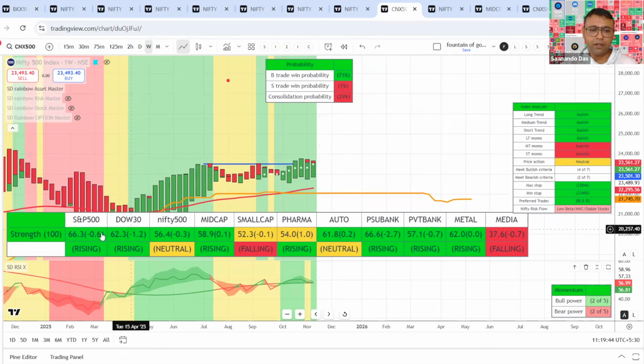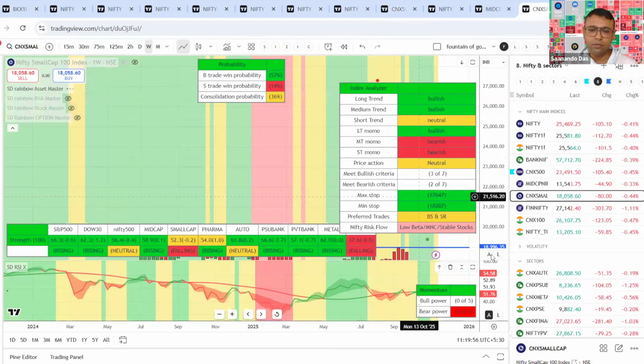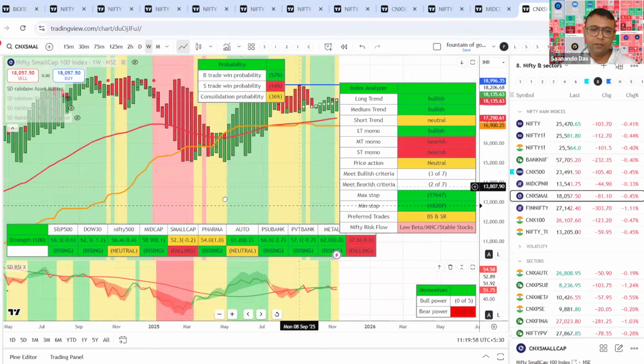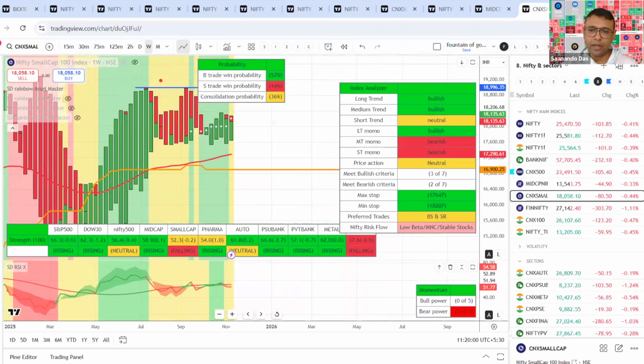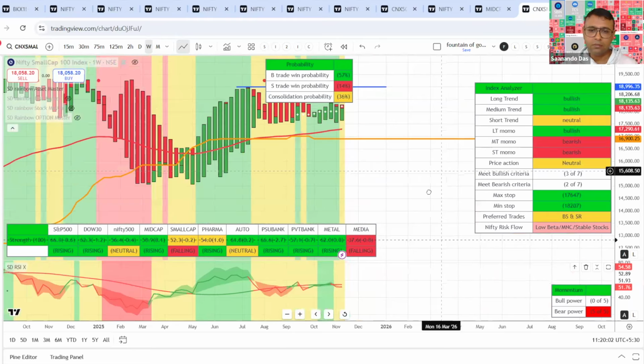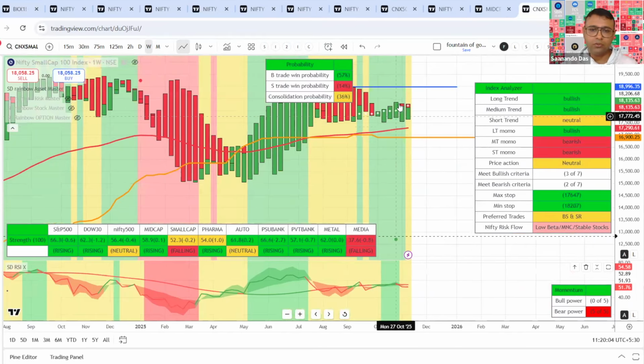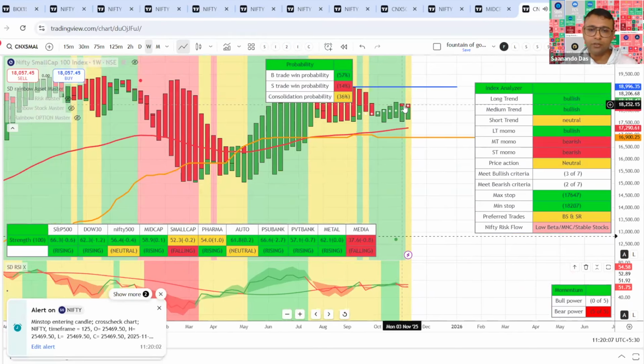Along with the Nifty 500, I can see the lower strength index showing where the strength is. We have seen the small cap the weakest in the previous discussions, including the Sunday stock storm. This is the Nifty 500, sorry, small cap. It was always more bearish. This is nice.